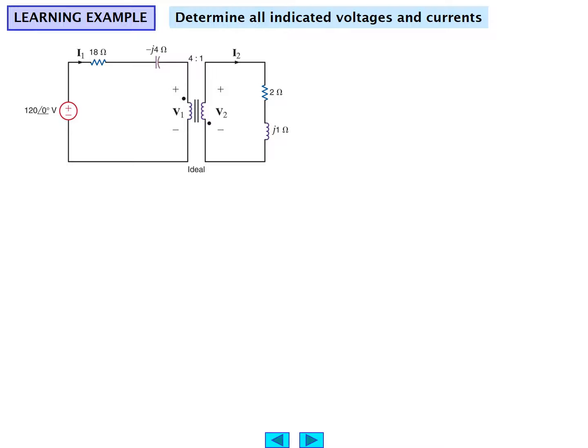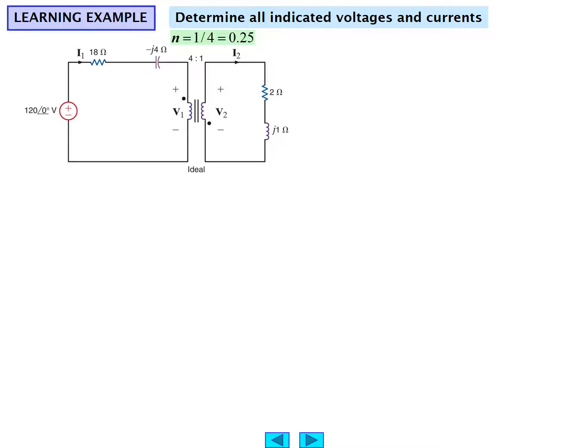Going into an ideal transformer, notice that the turns ratio is 4 to 1, 4 being on the primary side, developing a voltage V1 at the dot shown. And we're going to at least write that V2 has that polarity because that's the direction of I2, even though the dot notation is shown at the bottom of the transformer. And the load impedance is 2 ohms in series with an inductive reactance of j1.